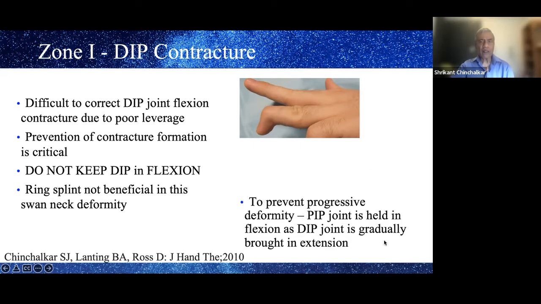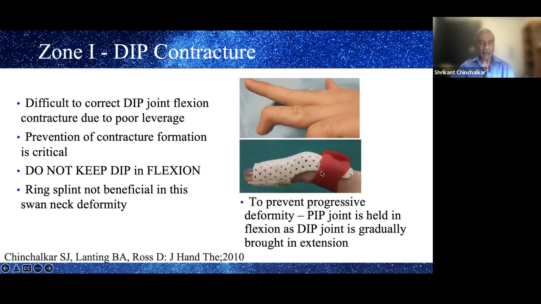So to prevent progressive deformity, the PIP joint should be held in flexion, as you see in this splint, and then gradually extend the DIP joint in a serial manner towards extension so that you can maximize DIP joint extension over time, and then it's quite likely that you may have to induce volar plate tightness at the PIP.